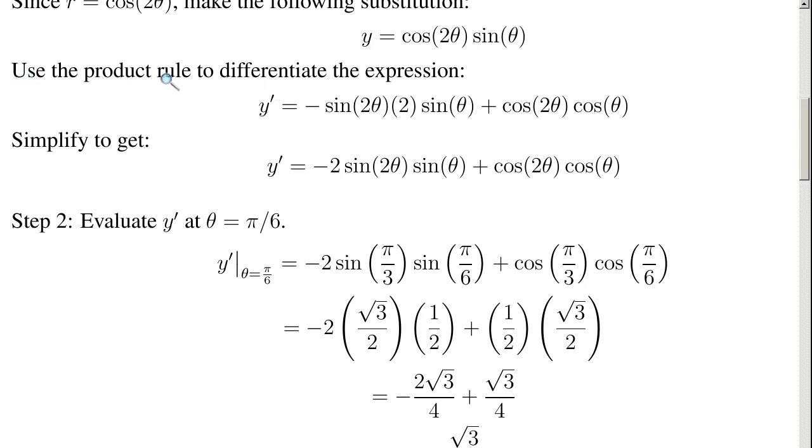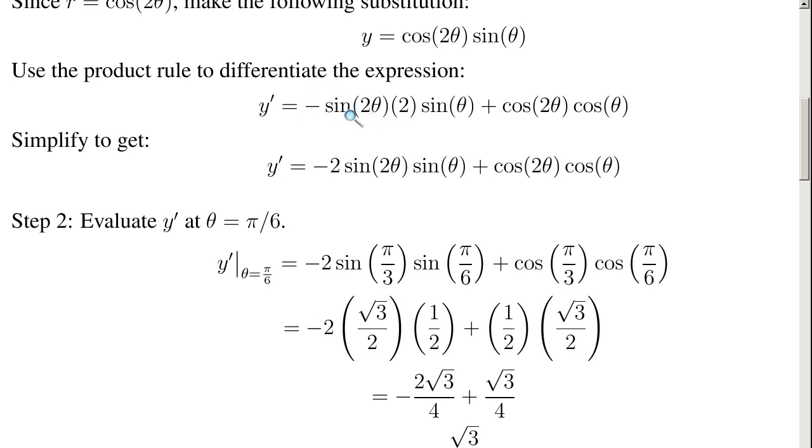So we're taking the derivative of this with respect to theta. y prime equals, we have to use the product rule. For the first part, we take the derivative of this times this. The derivative of cos 2 theta is negative sine 2 theta times the derivative of inside the bracket, which is 2.